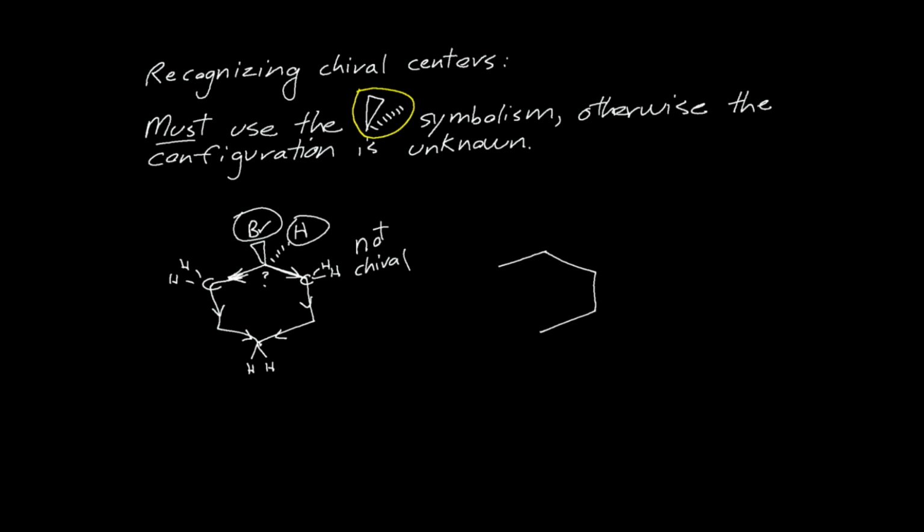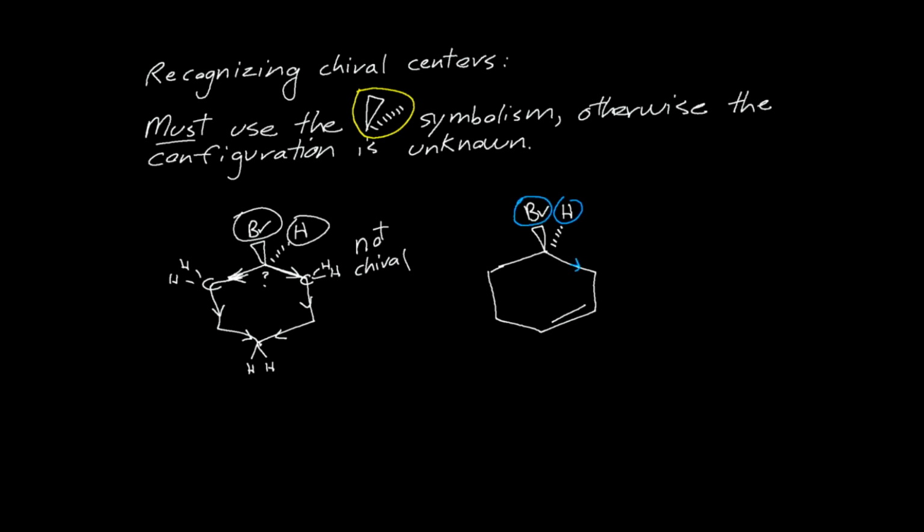In order for this to become chiral, we can just make a difference, for example, here. So now we have one group, a different group.